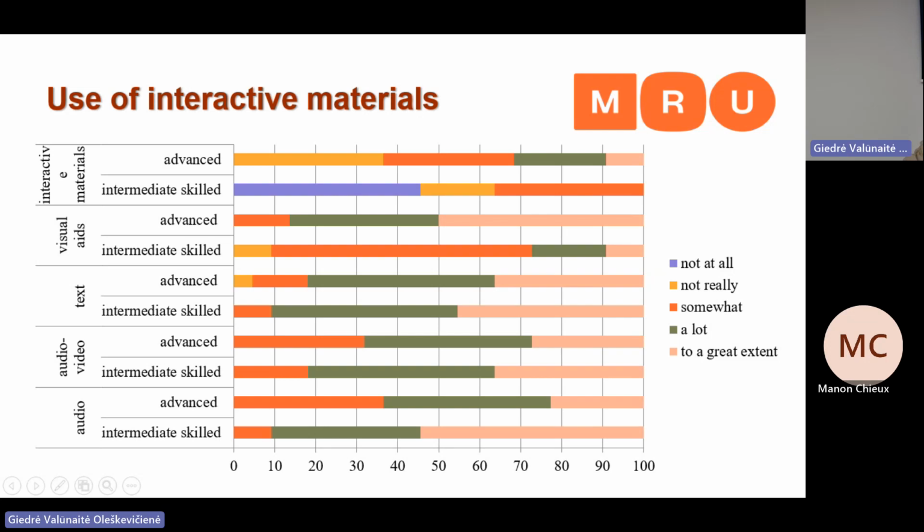So we can say that only teachers with intermediate skill do not use at all the tasks that are available on the internet for language teaching and are interactive. So we have the only group with a blue color. They are not using those tasks at all.